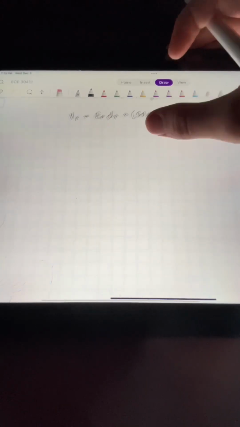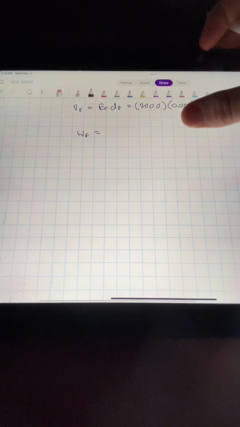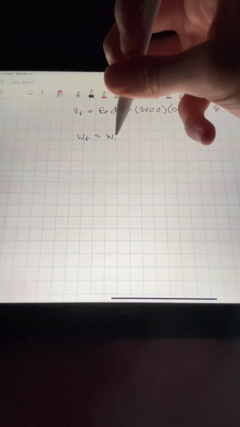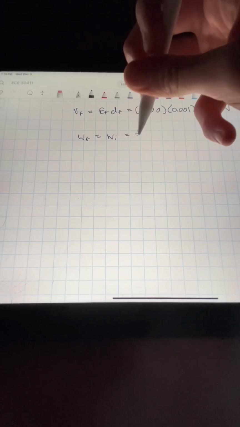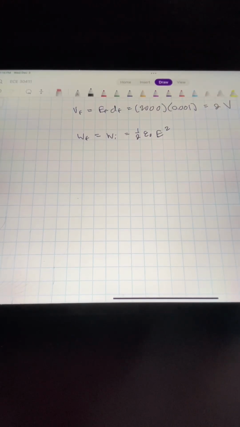So the energy density only depends on the electric field, and the field stayed the same, so the energy density is unchanged. Where EF equals EI.